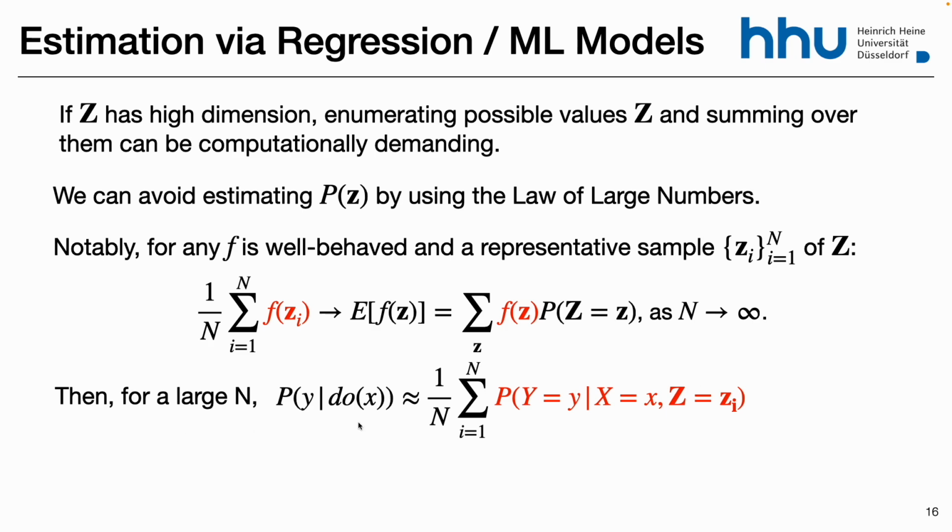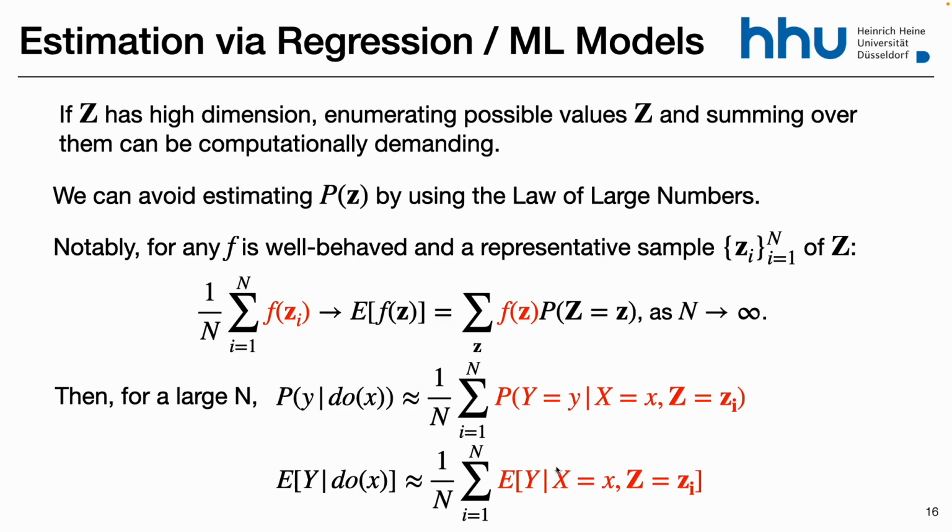I mean, this is just two examples. For example, I can consider the function of z as being just the probability. I can also consider the function of z as just the expectation. Those are just functions.